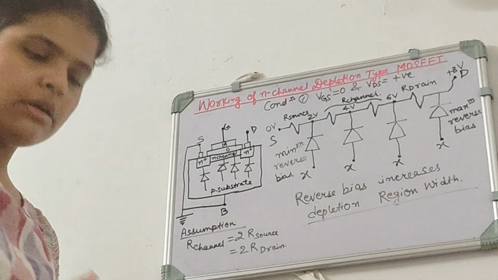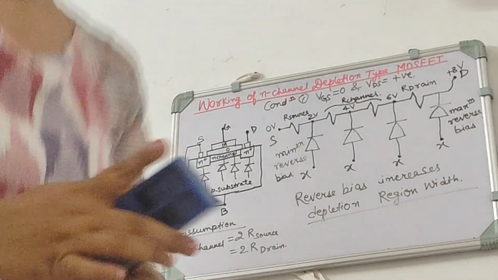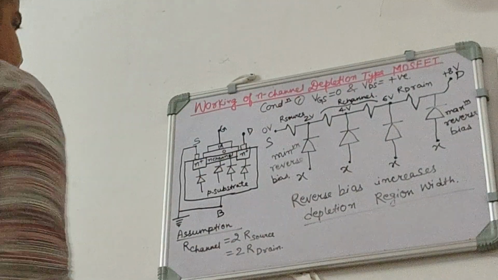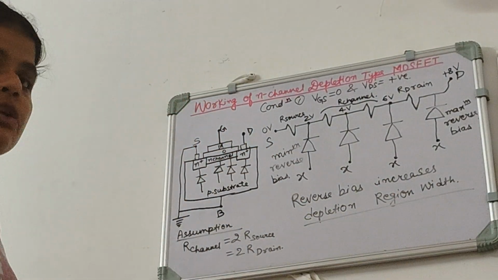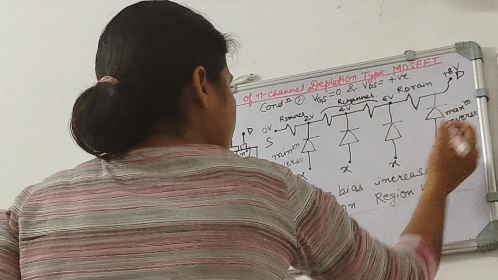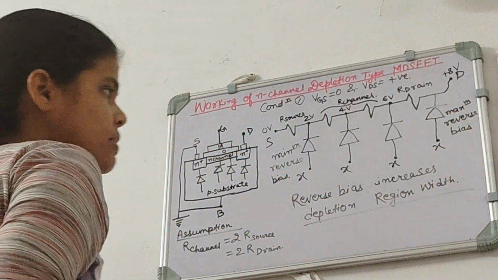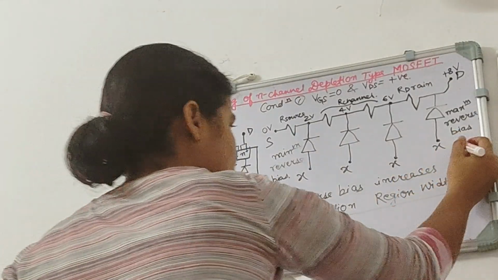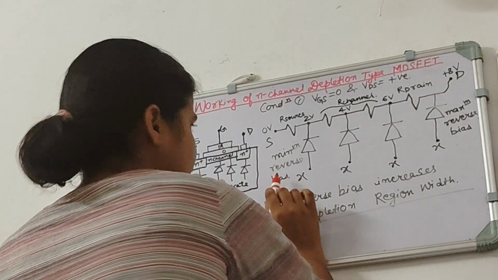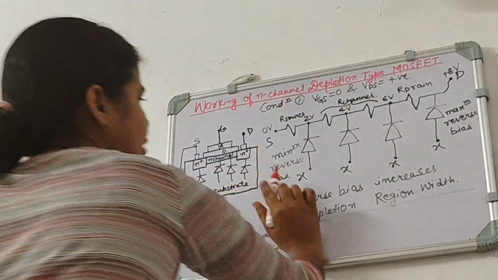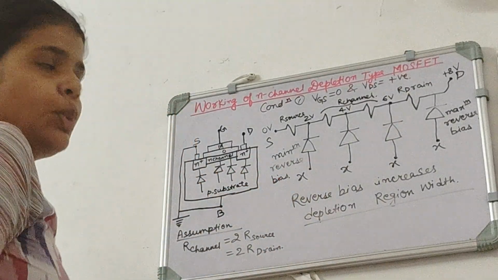Okay, let me take another marker. Yeah, this one. So reverse bias increases depletion region width. We all know that. So if it is having maximum reverse bias, it will have maximum depletion region width, and if it is having minimum reverse bias, it will have minimum depletion region width.